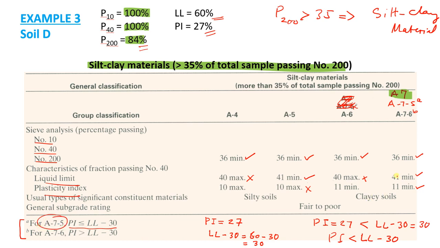So you see, all the conditions are satisfied, but our soil is going to be A75. Why? Because of this condition. So the soil is A75.